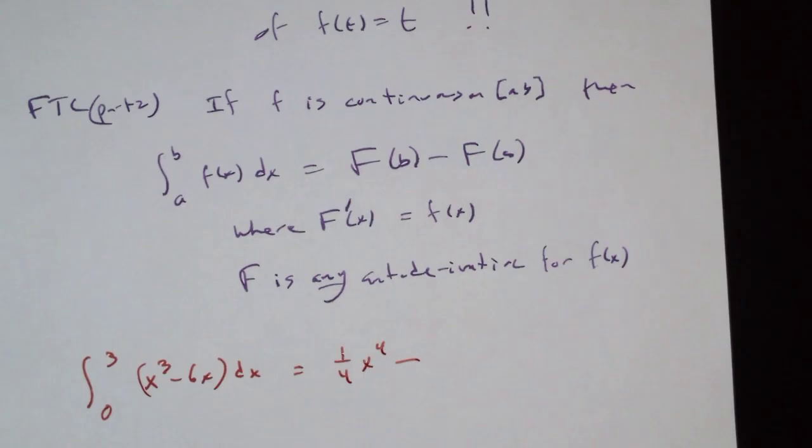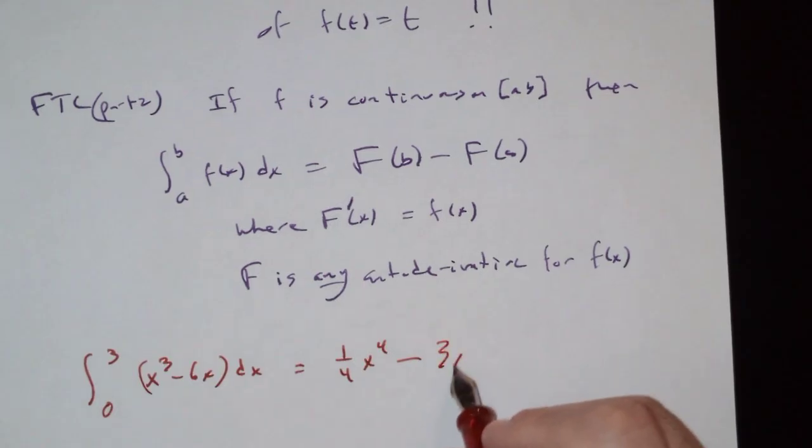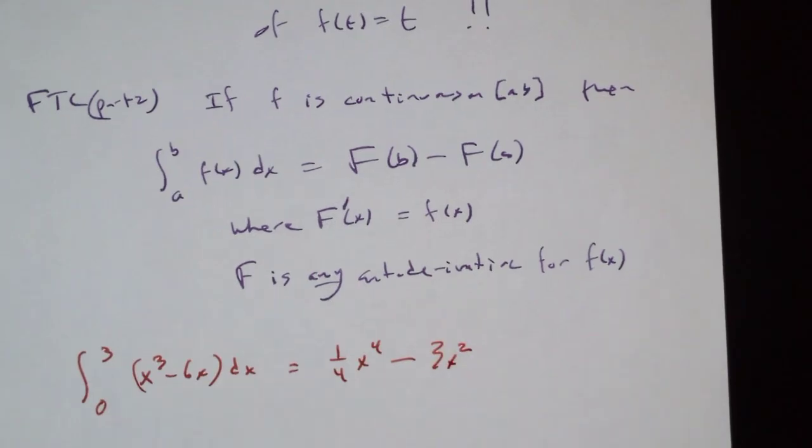What is the antiderivative of 6x? Because it's x squared over 2, there's a 6 out front. Now I could put a plus c, right? If I want to do an antiderivative, I could put any c I want. I'm going to pick c equals 0.